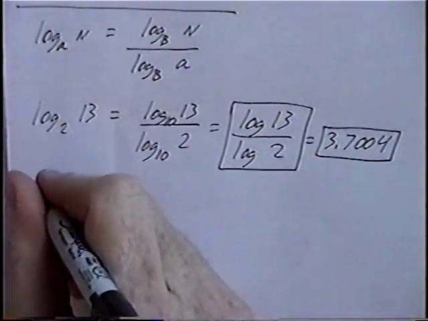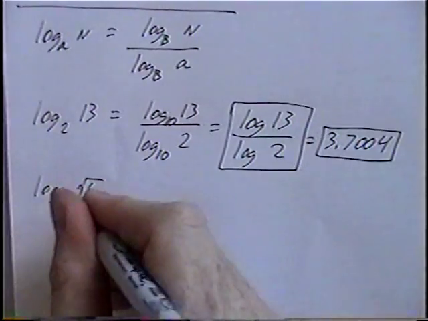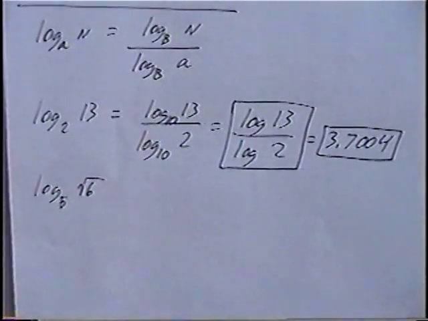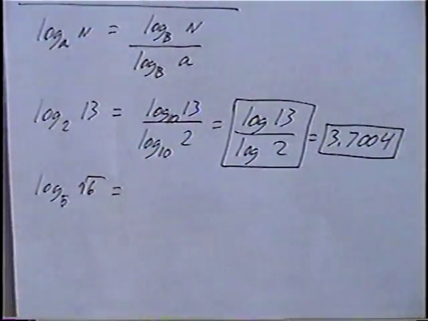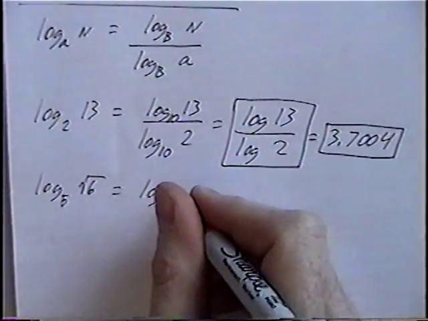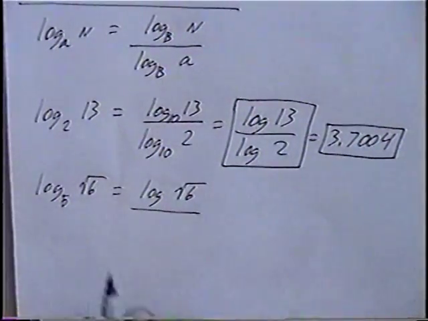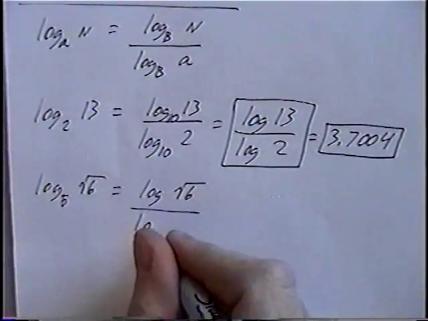Last question for the section is log base 5 of the square root of 6. And again, we'll change this using our change of base formula. Log square root 6, I'll leave off the 10 this time, and log 5 would be the denominator.